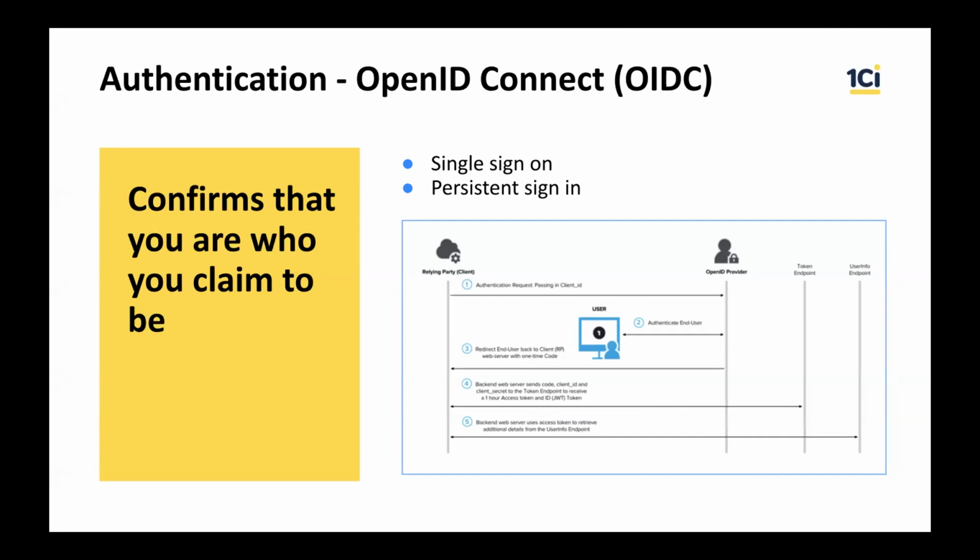So 1C:Enterprise supports OpenID both ways, but when it comes to OpenID Connect, it's a different protocol. It looks very different. It does the same. And this is why it's called almost the same, but it's a very different one.